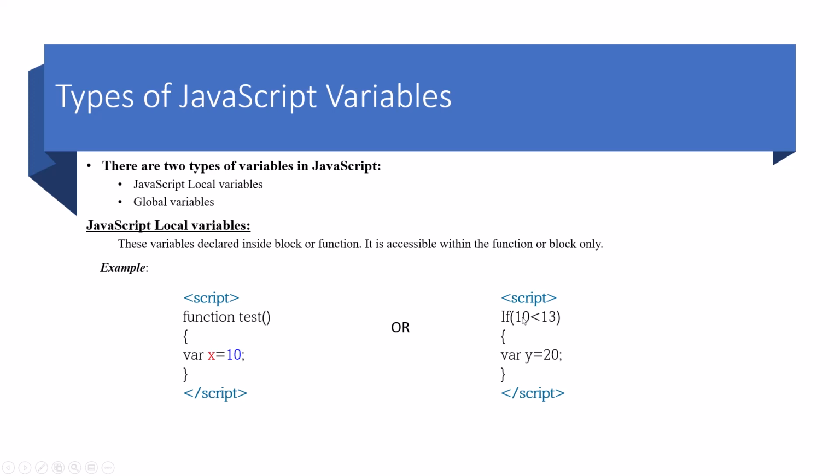Same for this block: the variable y is equal to 20 is declared and initialized within this if block only, so we cannot use y outside this block. That's why they are called local variables. Their scope is only local to that function or block.